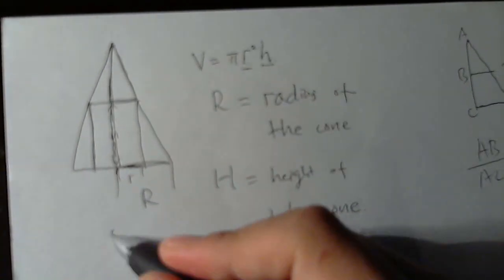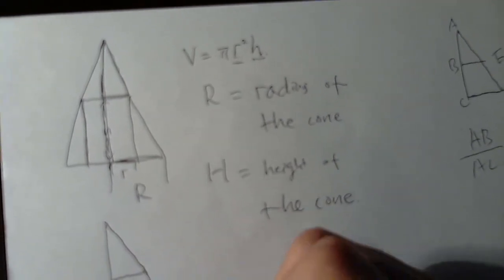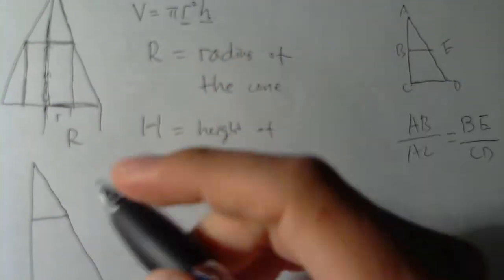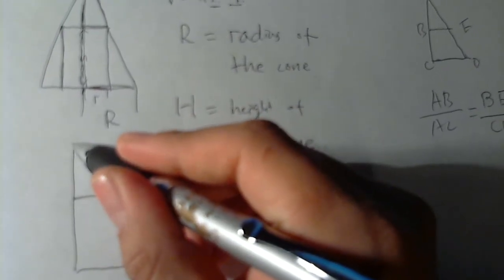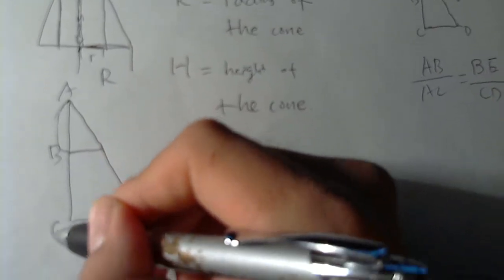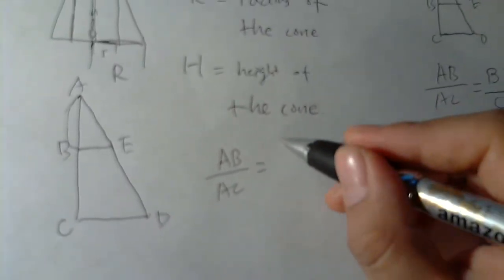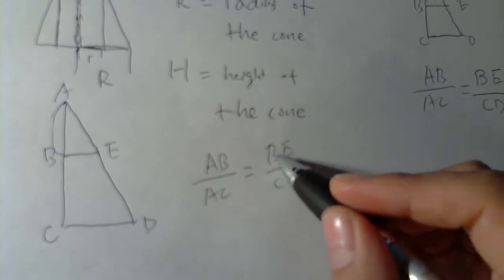Okay, so let's redraw it. We have this triangle, the small one on the top, and the bigger one in the bottom. Again, A, B, C, D, E, so we have AB over AC equals BE over CD. How long is BE?